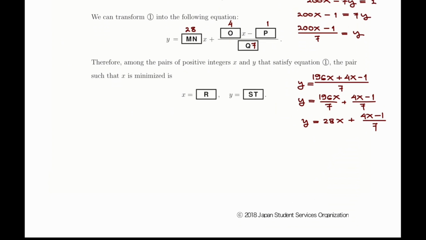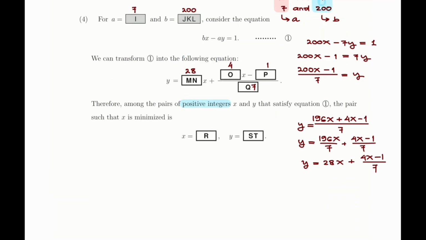Last question. Among the pairs of positive integers x and y that satisfy equation 1, if we transform it, the pair such that x is minimized is what we need to find. The keyword is that x and y are positive integers.